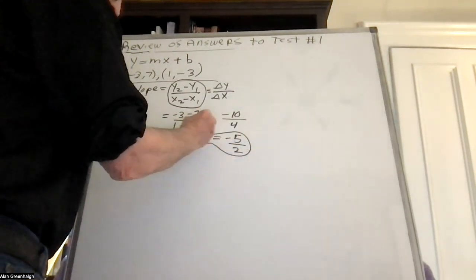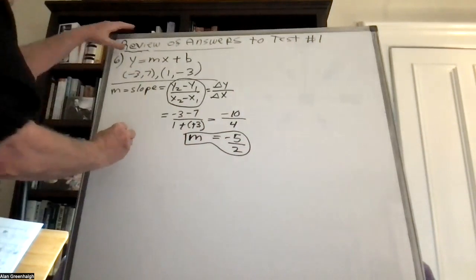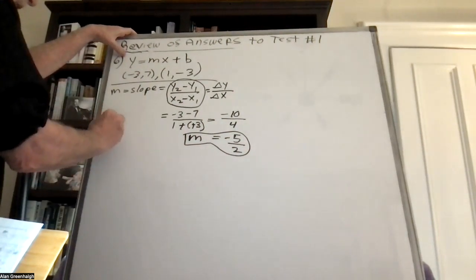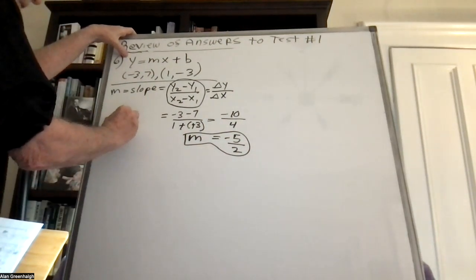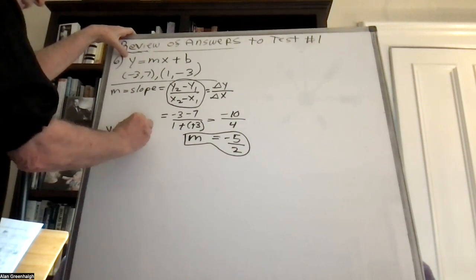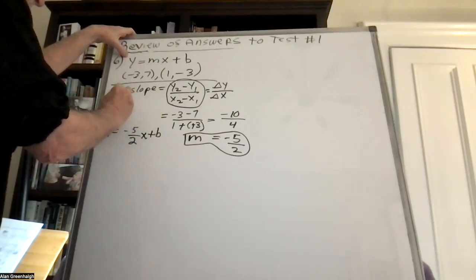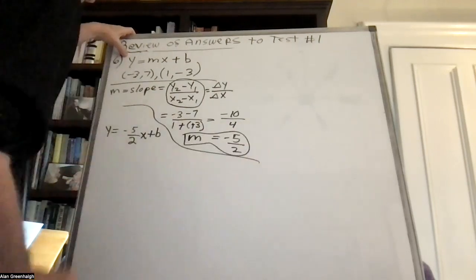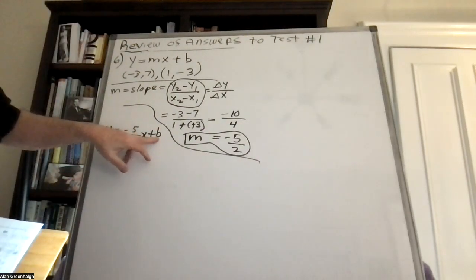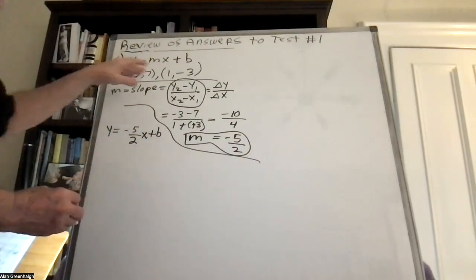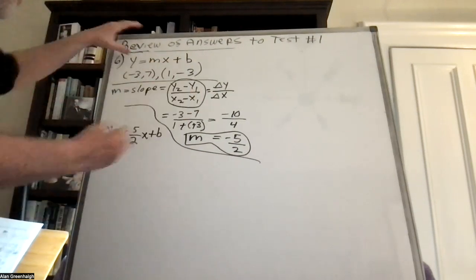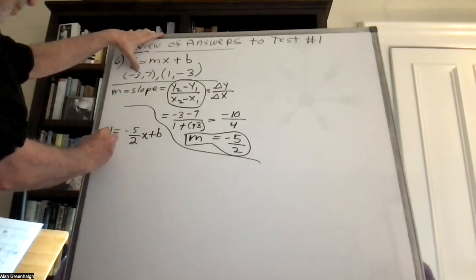So the first step in this problem is to indicate that it's y equals negative 5 over 2 x plus b. And now we need to find out what b is equal to. So we take either one of these 2 points, doesn't make a difference. So I'm going to take this one.